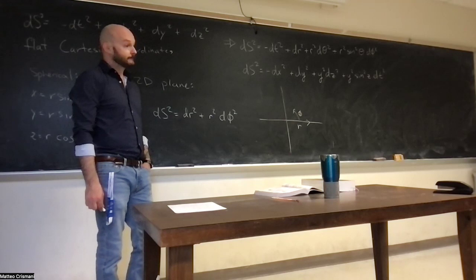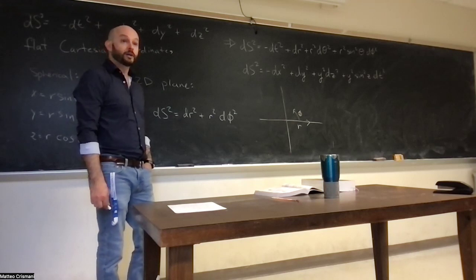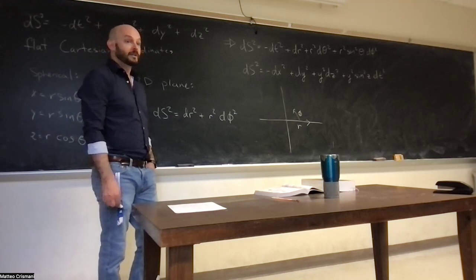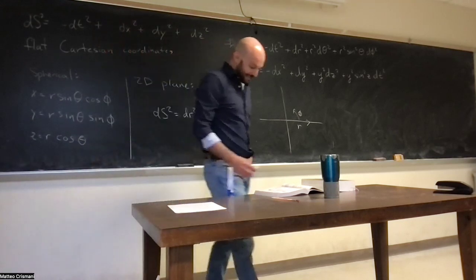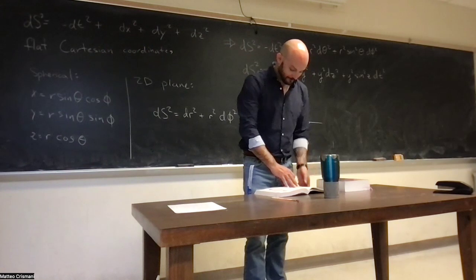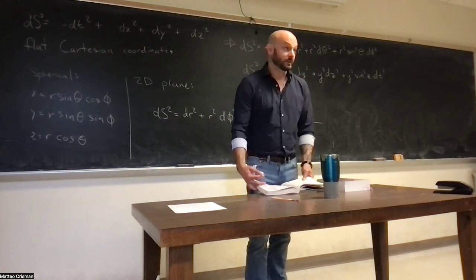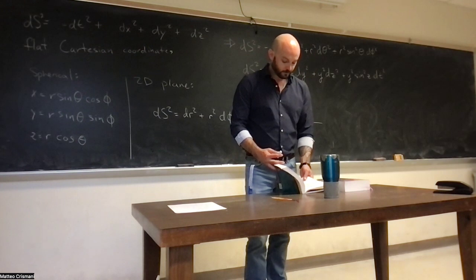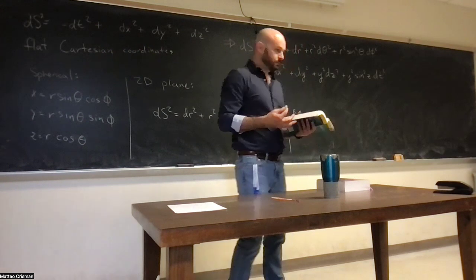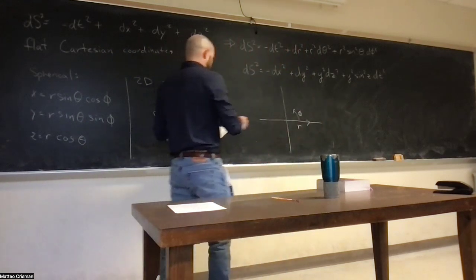Any holes in it? Any place in which it does a poor job? Why the center? Yes, at R equals 0 there are too many points. What about where phi is 0?